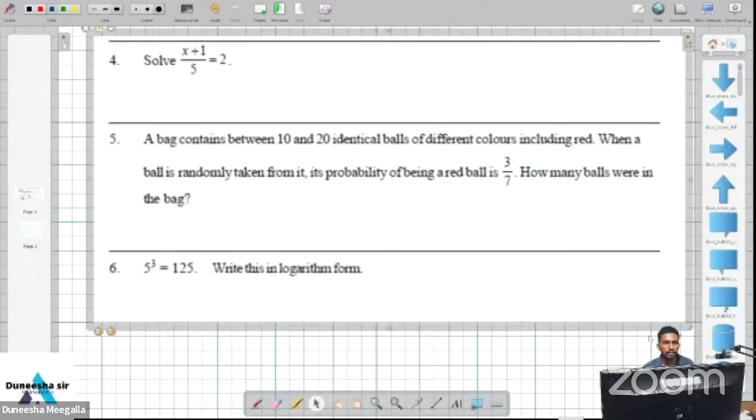Okay. Can you solve this equation? The numerator is an expression. x plus 1 is an expression. The denominator is 5. If you got the answer for the fourth one, send it to the chat box.